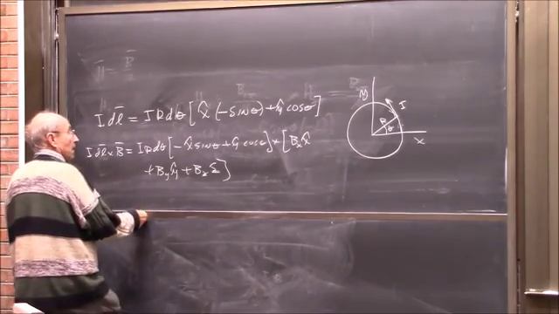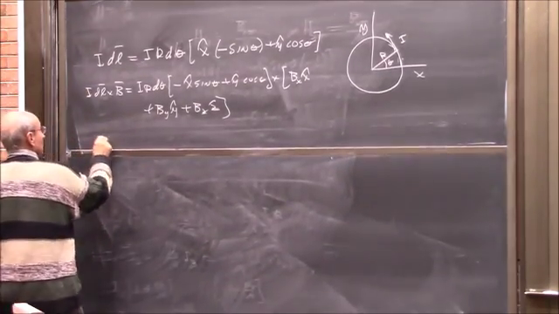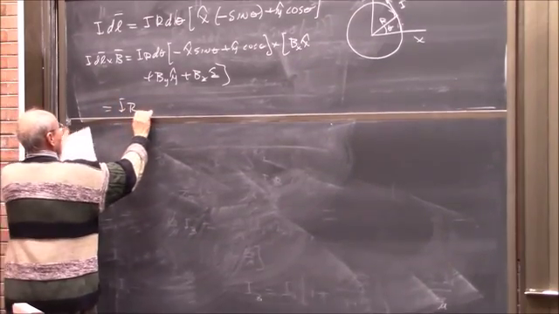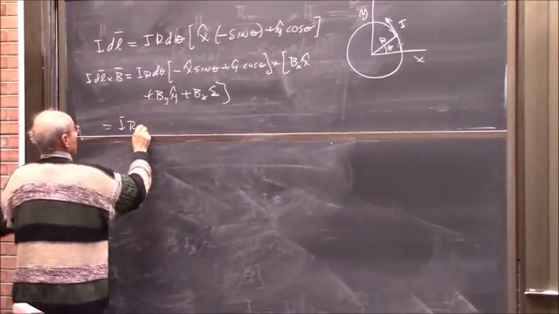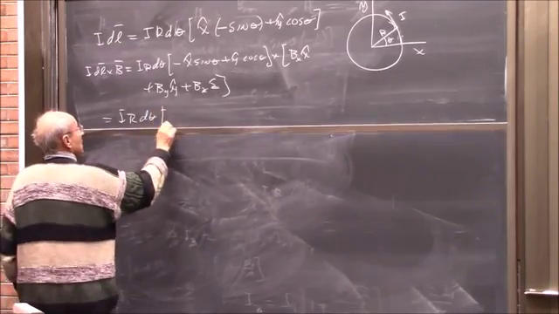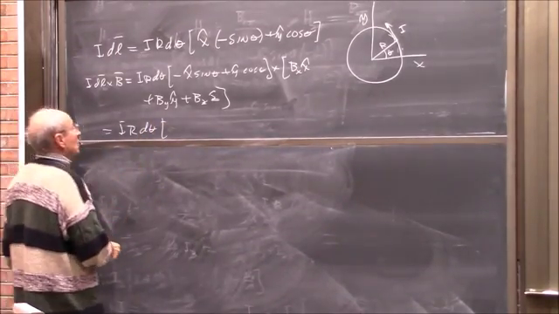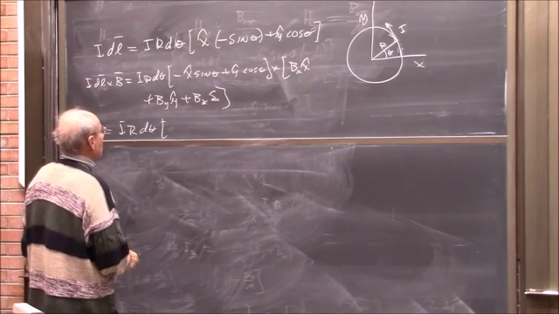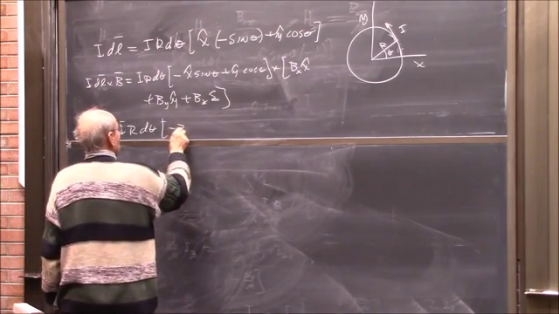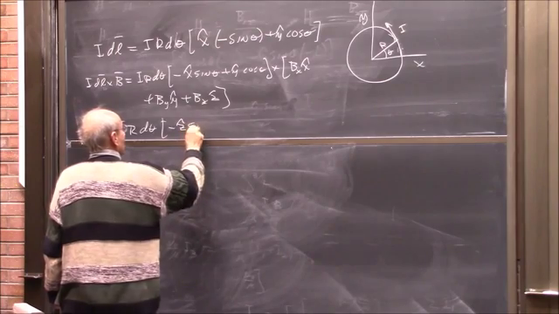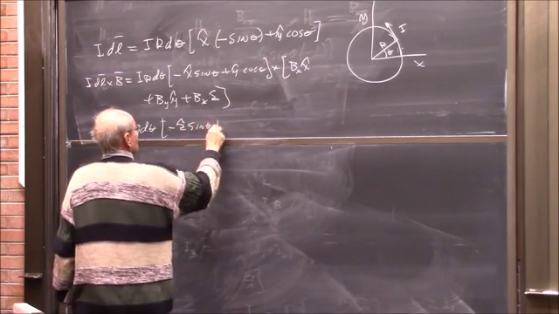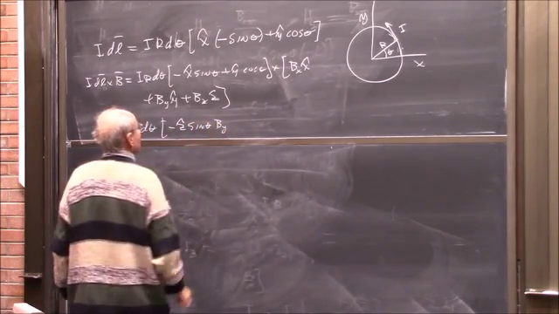Okay? Now, that will be I R d theta times x cross x is 0, x cross y is z, so you get minus z hat sine theta times By.